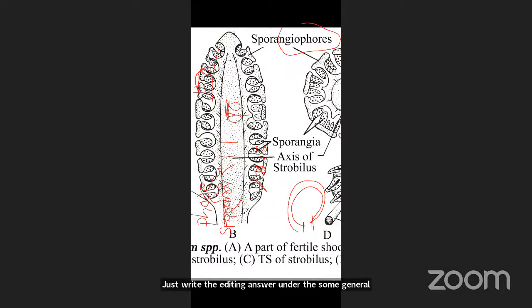If they ask about Funaria, just write the general characters. It's the same for Pteridophyte also, and the same for gymnosperms also. That is the basic information. Also, in my class, give the comparison between Marchantia, Anthoceros, Funaria and Lycopodium, Equisetum, and also give some differentiation.